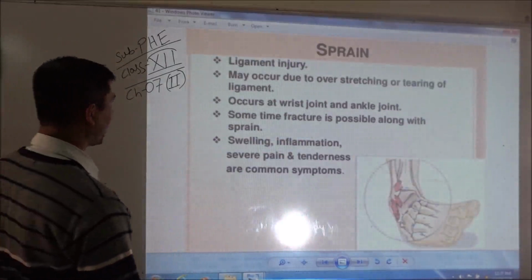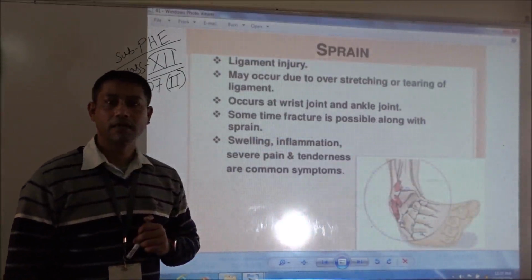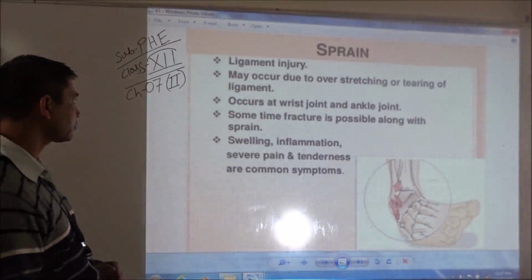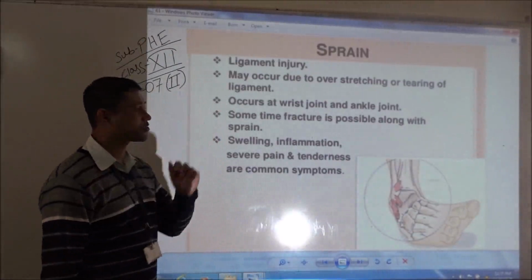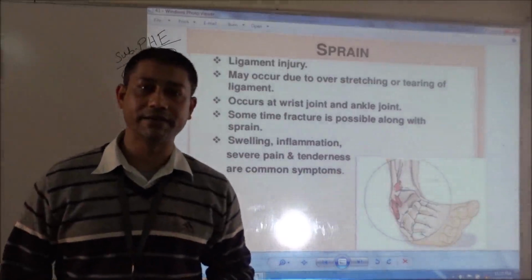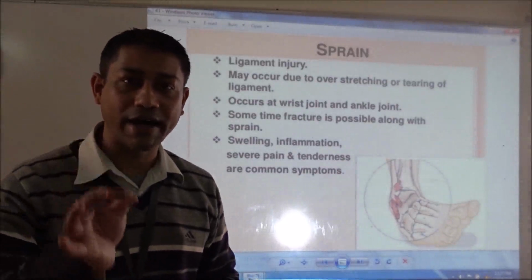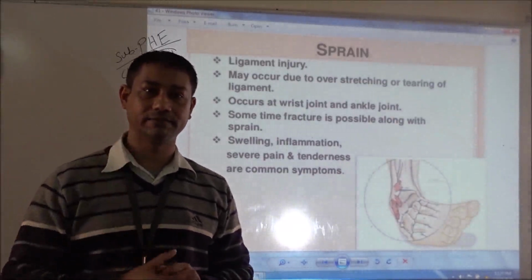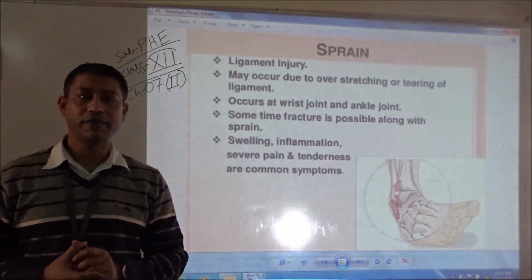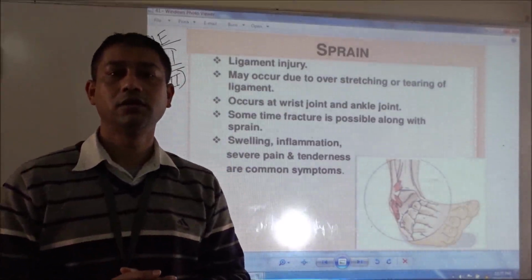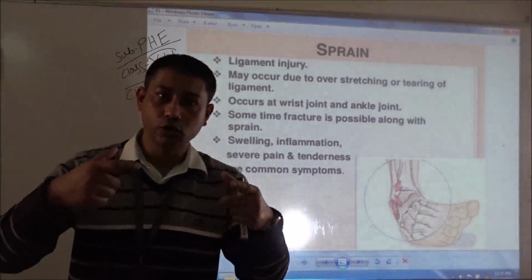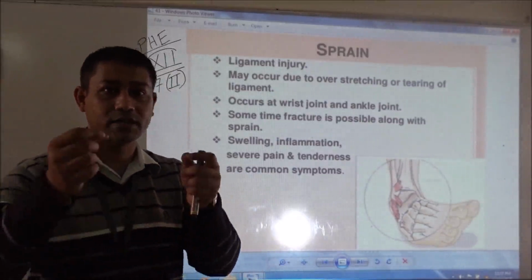Next is sprain. Sprains are injuries to our ligaments. It may occur due to overstretching or tearing of a ligament. Now what is a ligament? Ligaments are white fibrous bands. It is very much similar to white thread, which holds the joints firmly, which holds two or more bones in a joint properly.